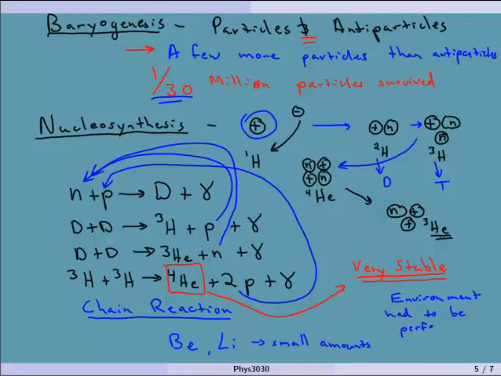Actually, the way the Big Bang cools in the right order has a lot to do with how we know how much helium there is. And we can figure out some of these time scales by figuring out what the percentage of helium is in the universe and things like that.